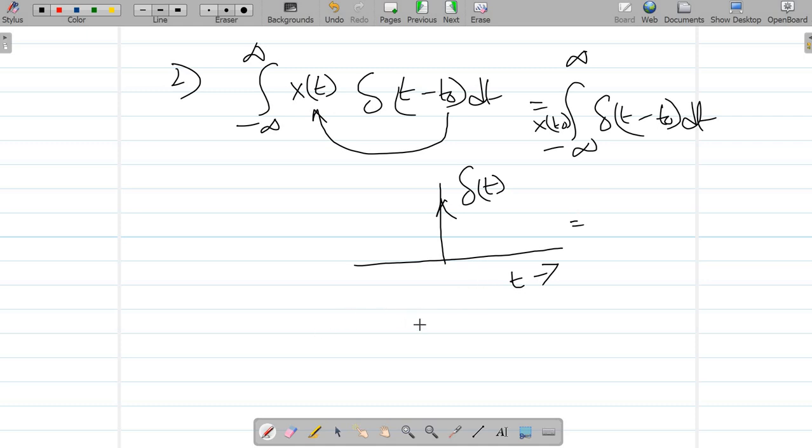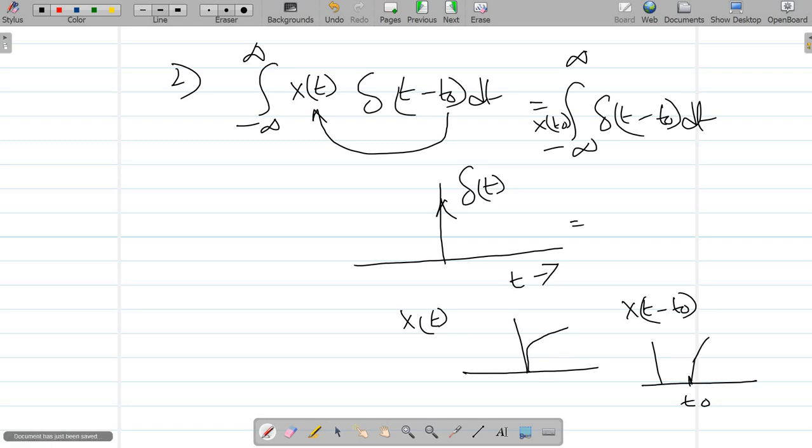Okay, let me elaborate this. If I have a function x of t, let us say I have a curve, a waveform of this nature, then x of t minus t naught, let us assume t naught is positive, then the entire wave gets shifted by t naught units.